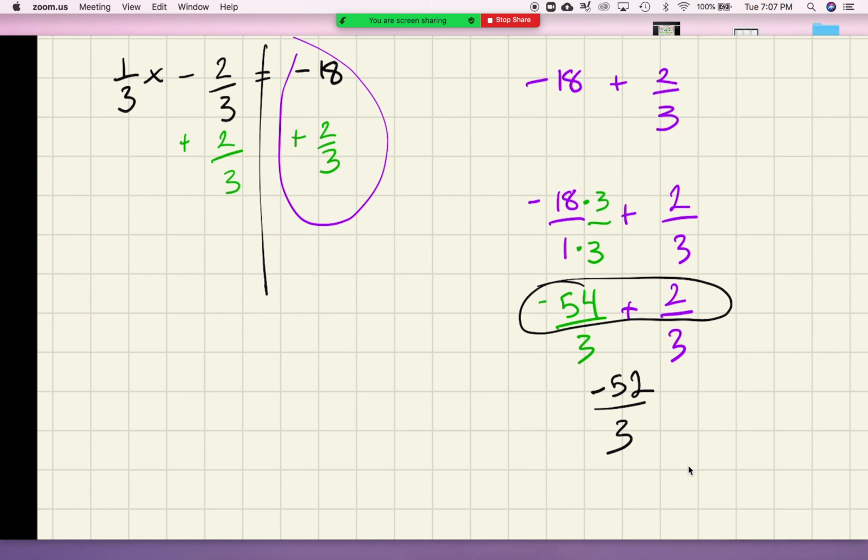And then maybe you can divide it, negative 52 divided by 3 is 17.333333, so maybe we'll just leave it as a fraction for now. Oh, okay. So this part ends up being negative 52 over 3.